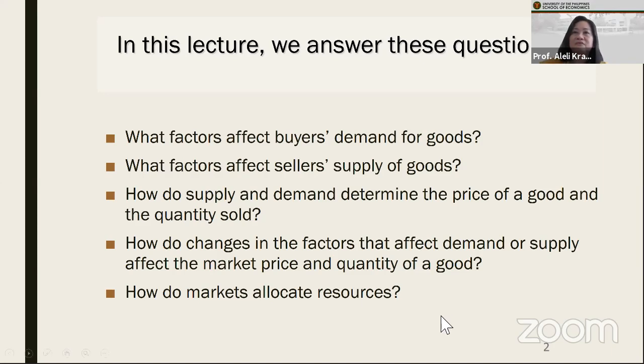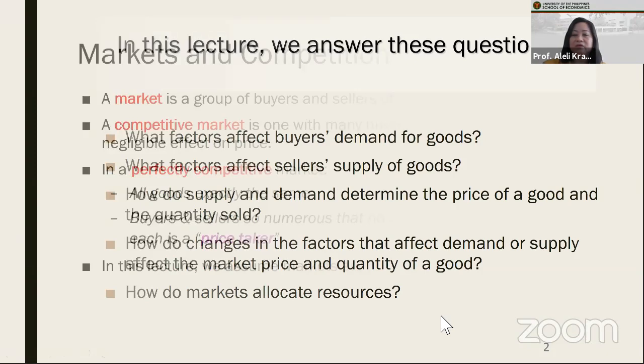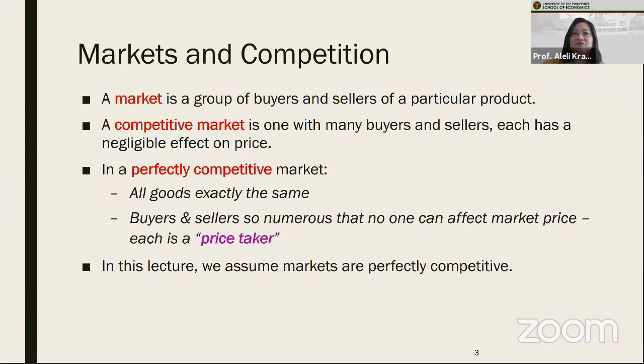Okay. Before we start, we again review our definitions of a market and we lay down some assumptions about what kind of market we are going to be talking about. If you recall, our definition of a market is a group of buyers and sellers in touch with one another to buy and sell a particular product.